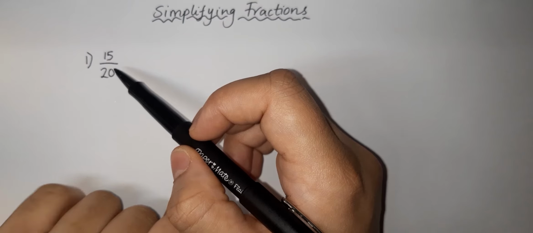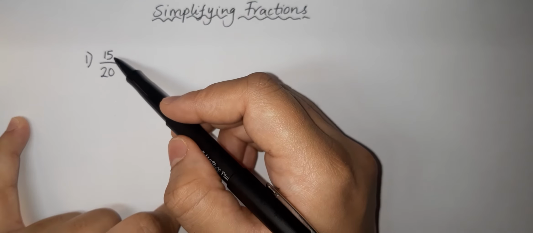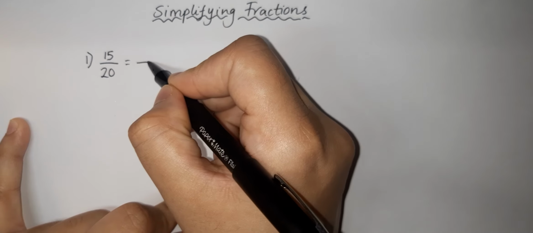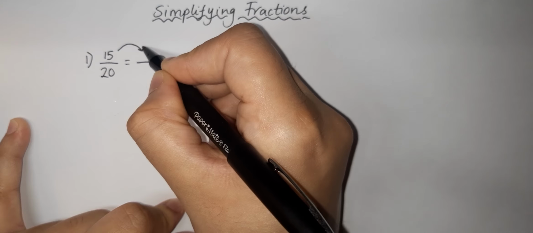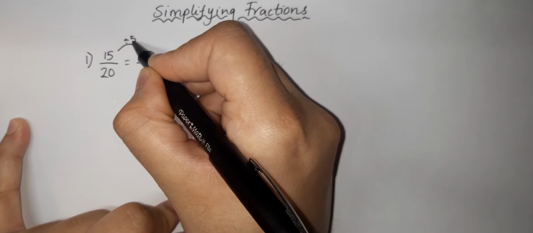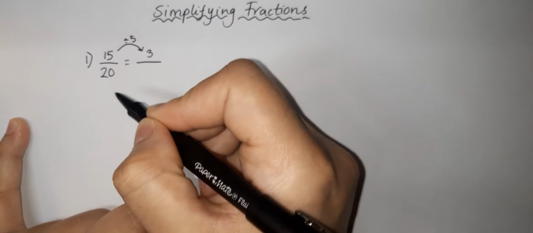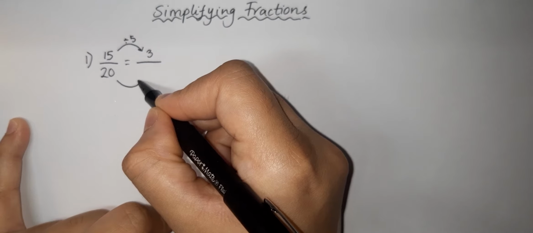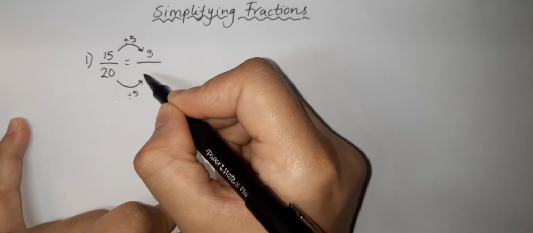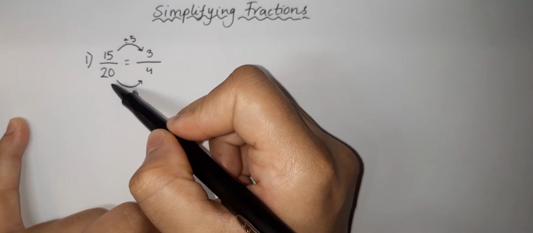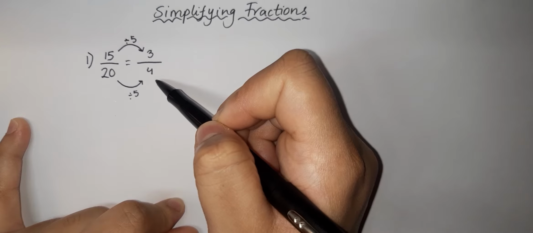This is a very easy question because we can see that they both divide by 5. So if we do the top one, 15 divided by 5, we get 3. And if we do 20 divided by 5, we get 4. So 15 over 20 simplified is 3 over 4.